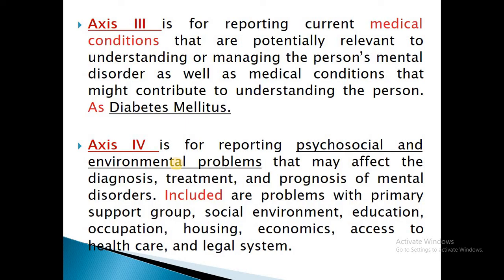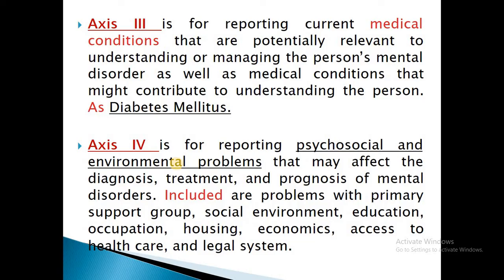Axis 3 is for reporting current medical conditions that are potentially relevant to understanding or managing the person's mental disorder, such as diabetes mellitus. That means axis 3 diagnoses the condition of physical disorders in a person who also has disturbance in psychological issues.